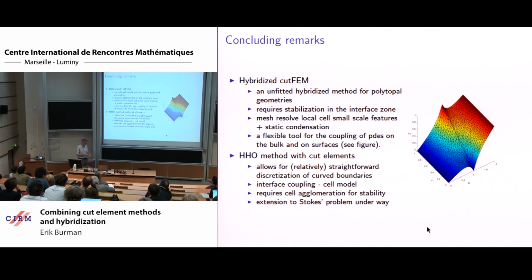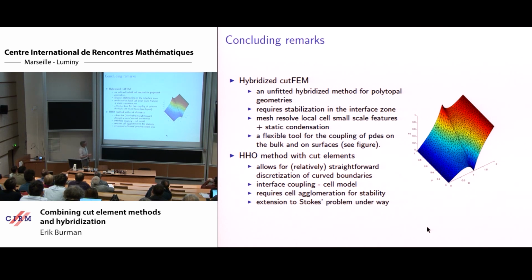And then if the regularity is higher on the boundary, you can play with this and reduce the coupling between the cells and then get rid of the complexity of these small scale features in the linear system by static condensation. And it's also a flexible tool for the coupling of PDEs on the bulk and on the surface.